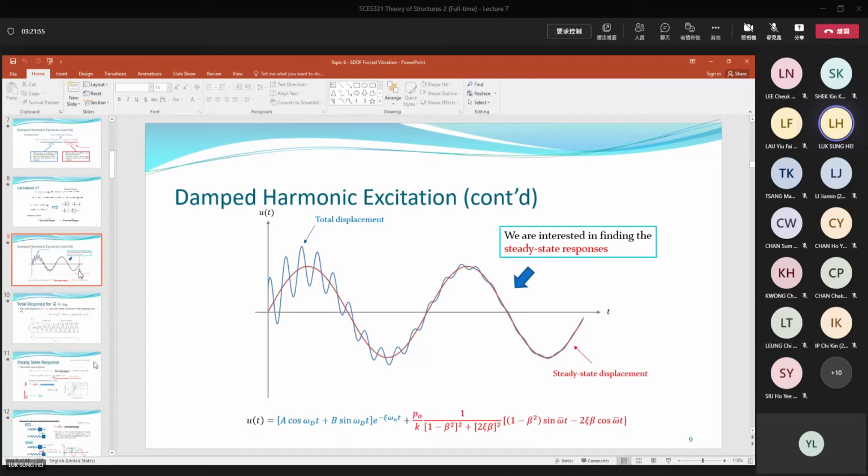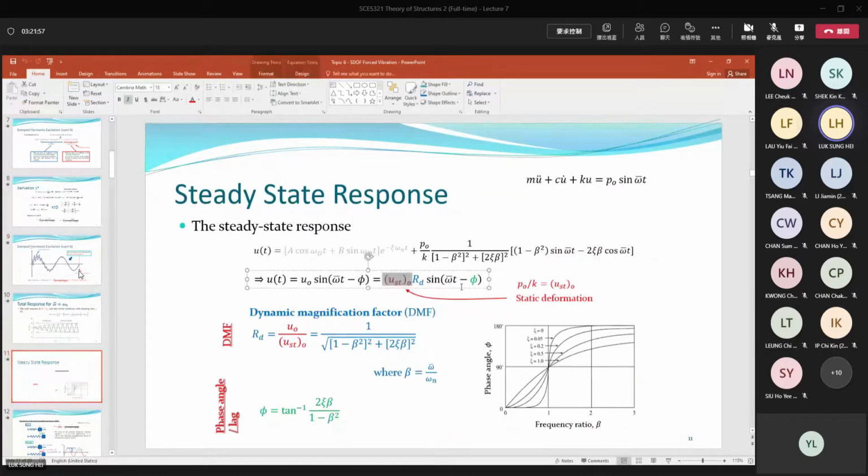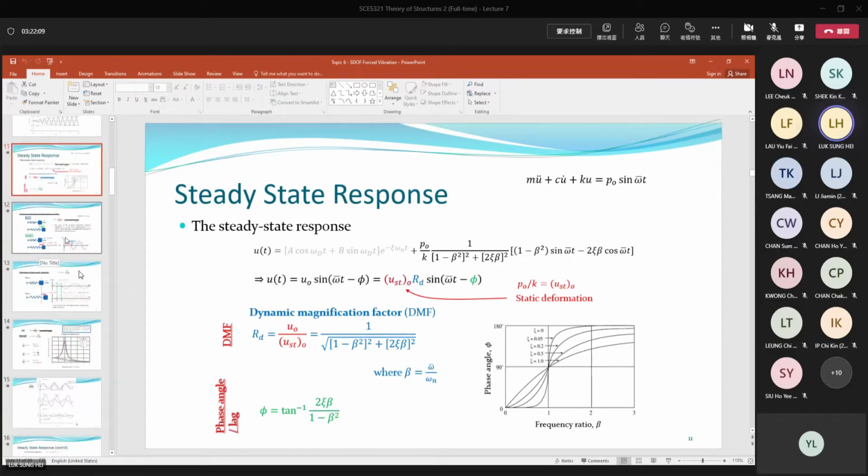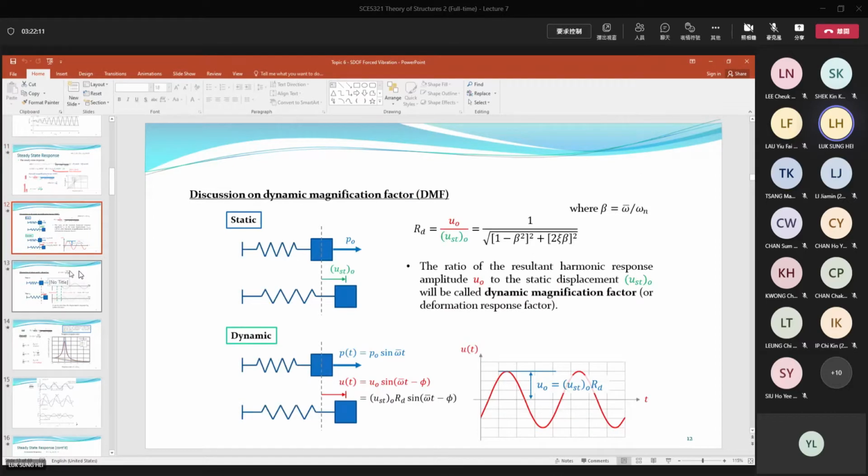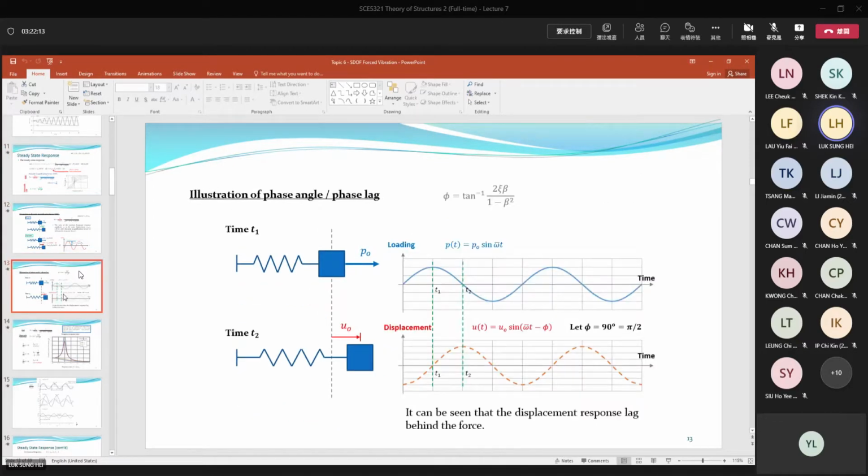The red part can be simplified to this version, UST, RD, and psi. It's easier to apply. So you have to remember this equation. And then in this note, I use a few examples to illustrate what RD and the phase angle are, to help you understand more.